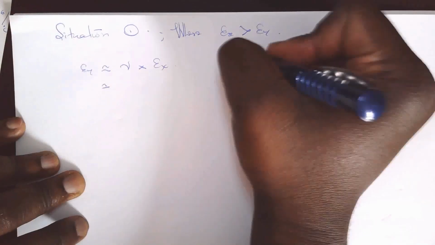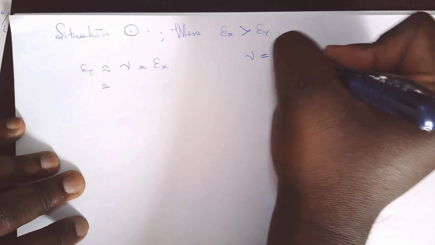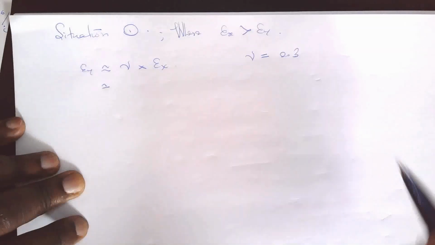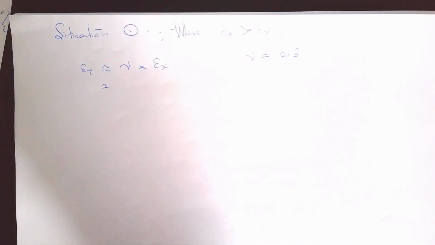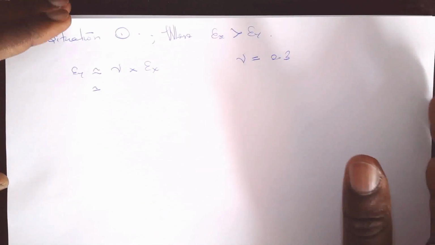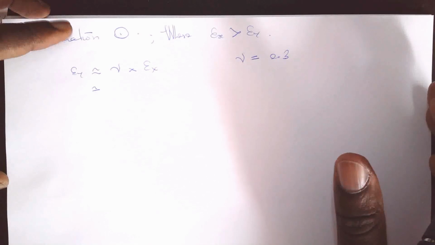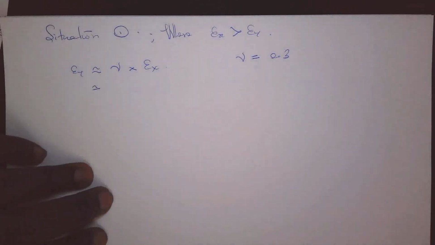Nu here, we're going to assume to be about 0.3, which tends to be nominal, particularly if we're assuming that deformation in the material is elastic. So we're assuming that the material is not plastically deforming.